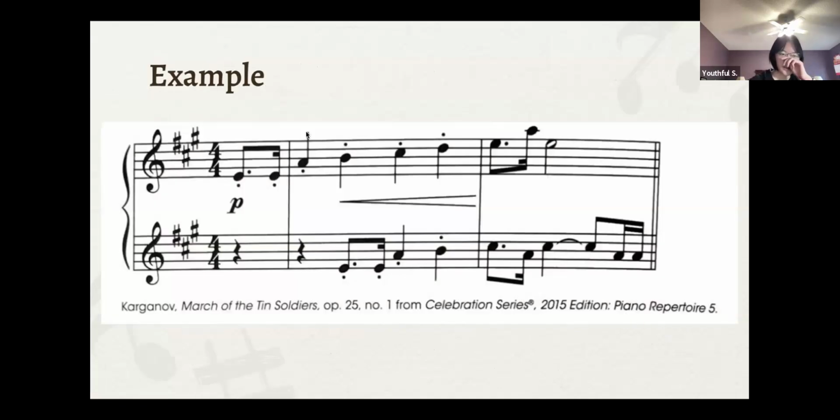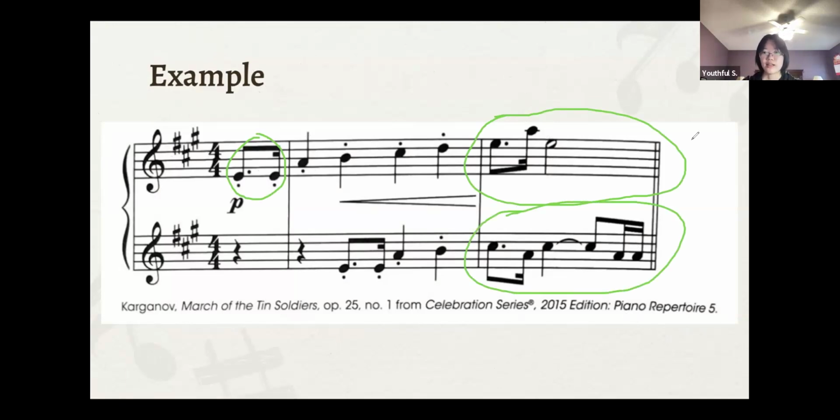Since this song starts with a pickup here, it also ends with an incomplete measure. You may notice there are only 3 beats here, and then it just ends. That's what I mean by incomplete measure.